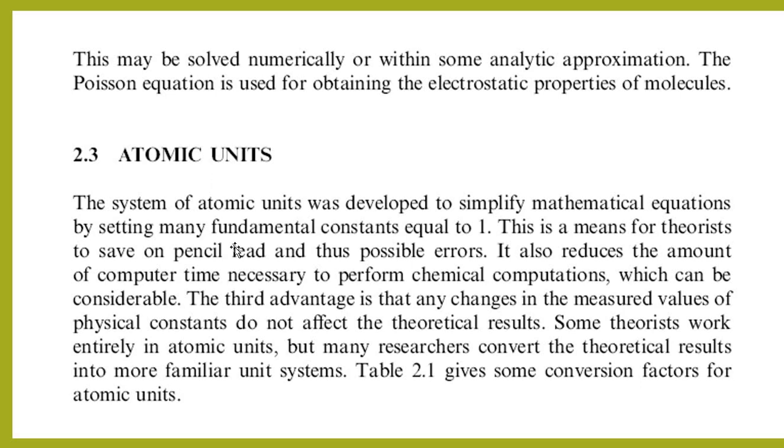And the third advantage is that any changes in the measured values of physical constants do not affect the theoretical results. Some theorists work entirely in atomic units, but many researchers convert the theoretical results into a more familiar unit system, using conversion factors for the atomic units.